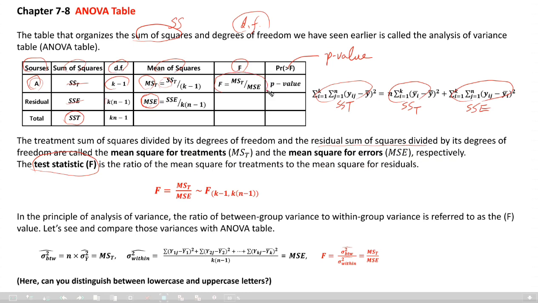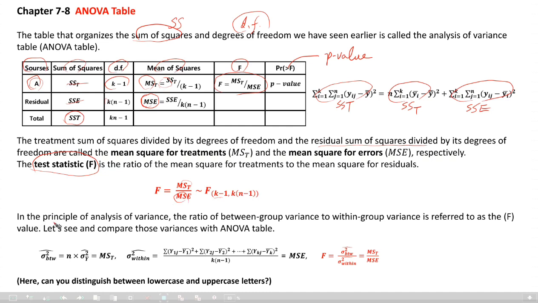The value of F follows an F distribution with two degrees of freedom: numerator degrees of freedom K-1, denominator degrees of freedom K times N-1.